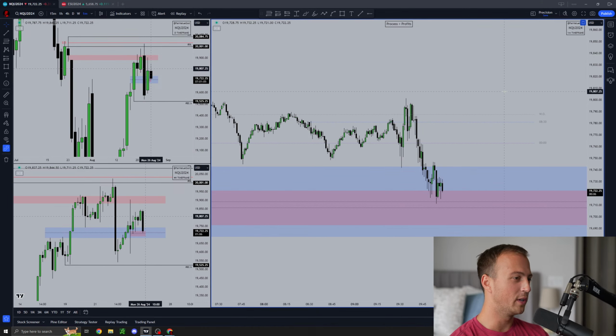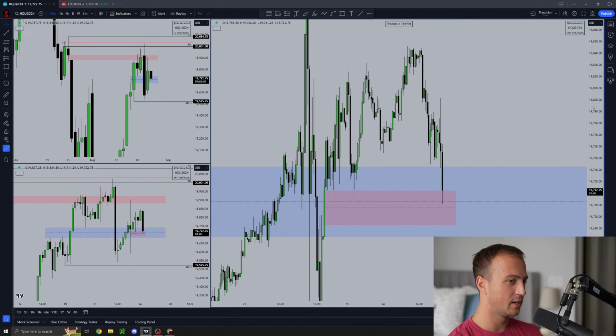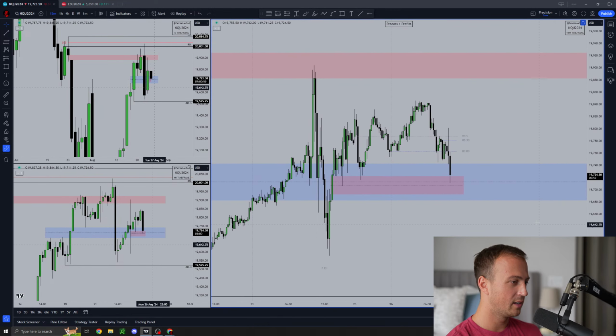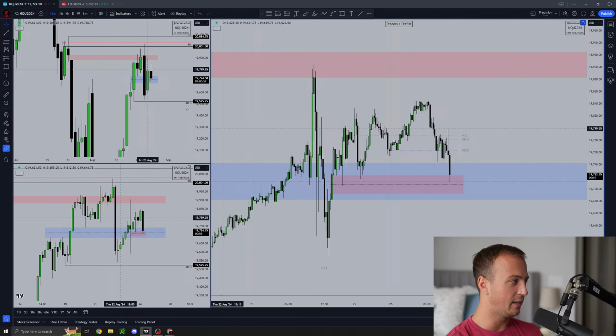For those who are joining late or maybe missed what these levels are, this is a 15-minute imbalance, and we've hit consequent encroachment of the daily imbalance here, this blue area. And we're in the upper half of this 15-minute one. What I don't want to see is this 15-minute imbalance get disrespected, close below.